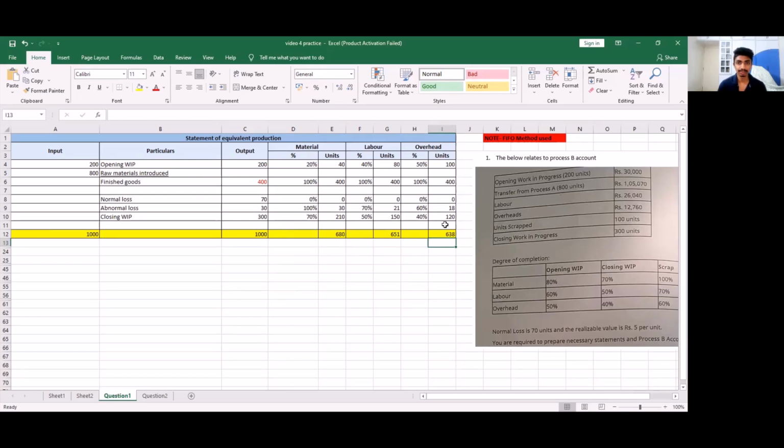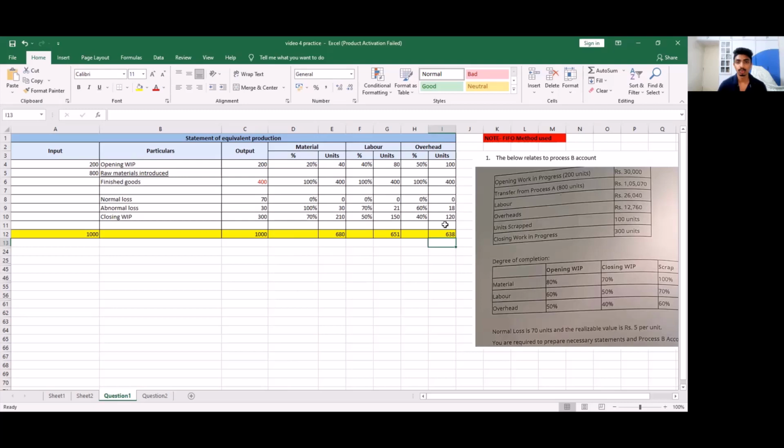I'm going to repeat the important things from this account. We need to remember that normal loss, we always take 0% because we assume no work has been done on our normal loss units. Second, for finished goods, all work has been completed, so we will take 100%. So as we did in the question, we took 100% of 400 because our finished goods is completed, so our degree of completion is 100%, even if not mentioned in the question.